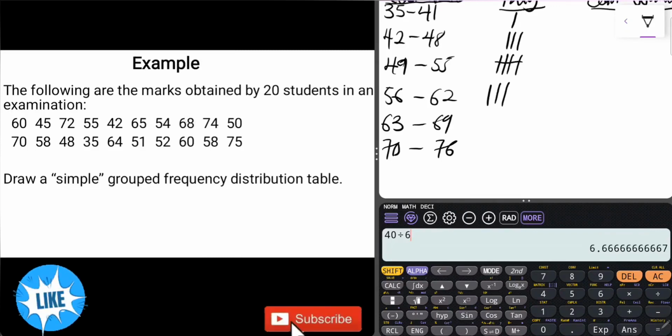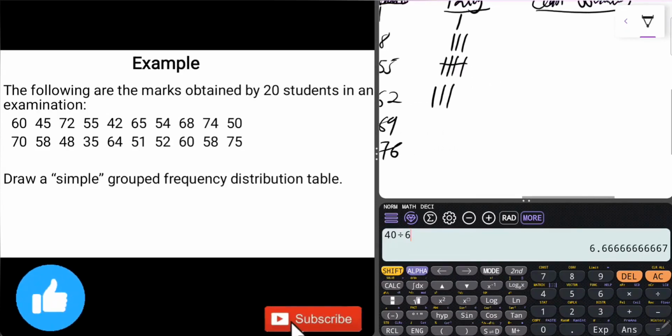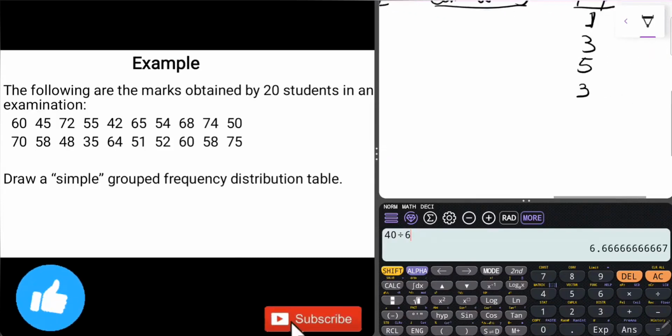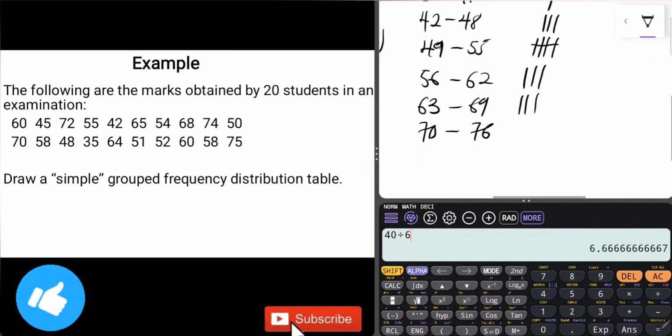And then we come back to 64 as 3. We have 65, 68, and 64, and that will make it 3. So 3 strokes, 1, 2, 3, and you have your frequency to be 3 here. Is that okay?